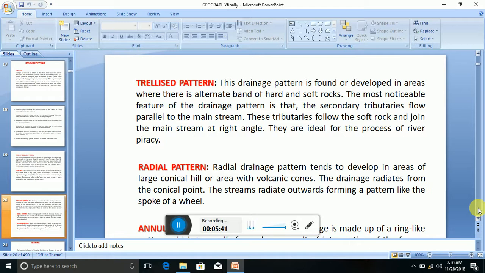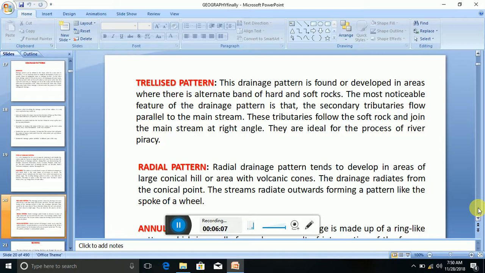Now let's look at trellised pattern. This drainage pattern is found or developed in areas where there is alternate band of hard and soft rocks. The most noticeable feature of this drainage pattern is that the secondary tributaries flow parallel to the main stream.